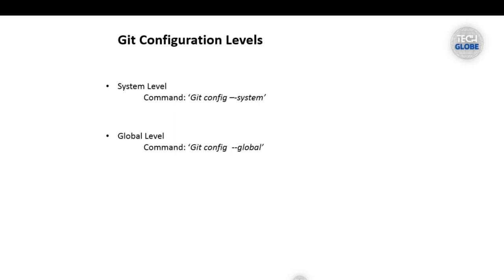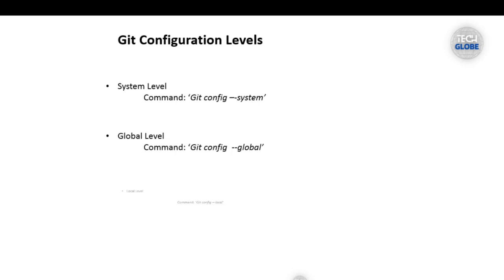The global configuration is available for the current user for all projects, while the system configuration is available for every user of that system. For global, it is the user using that system at that point in time to whom the global configuration is available.